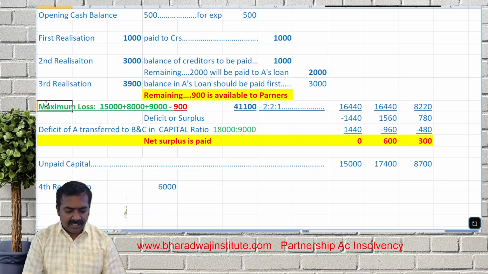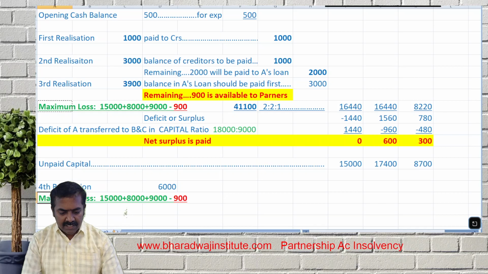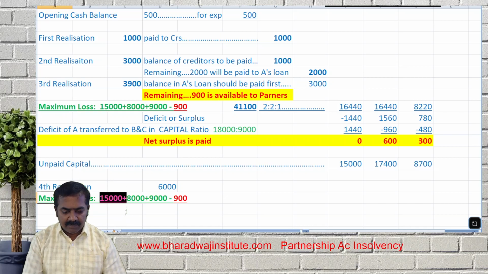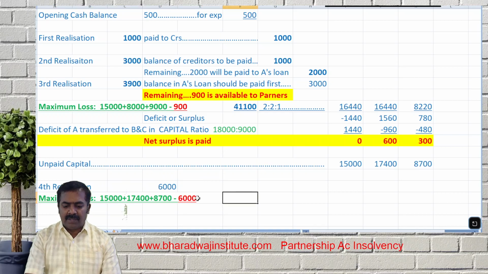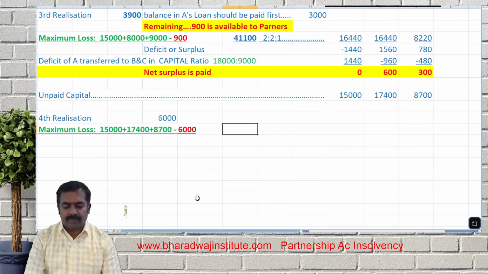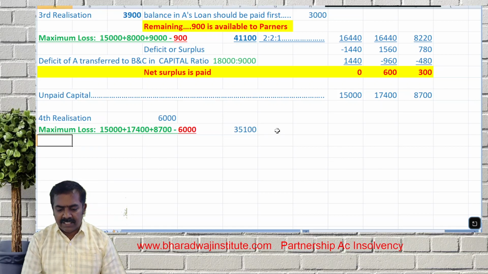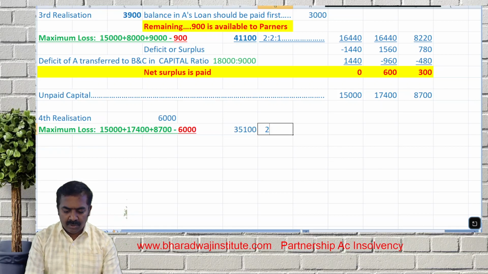Now calculate the maximum loss: 15,000 plus 17,400 plus 8,700 minus the amount available now, 6,000. What is the maximum loss? 35,100. In the maximum loss, distribute in the 2:1 ratio.